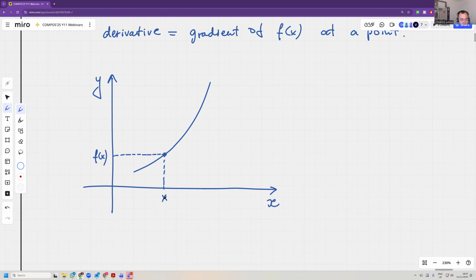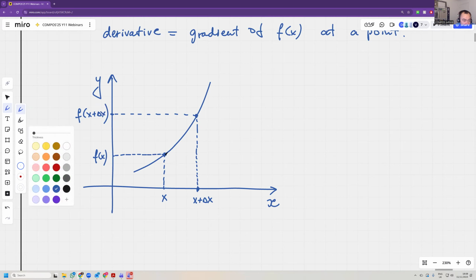Let's choose another point. Let's say we choose this point, and this point is x plus delta x, where delta x is a small change. If I draw this, this is of course f of x plus delta x. So it's the value of the function at point x plus delta x.